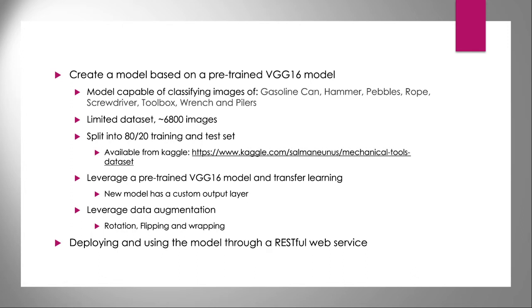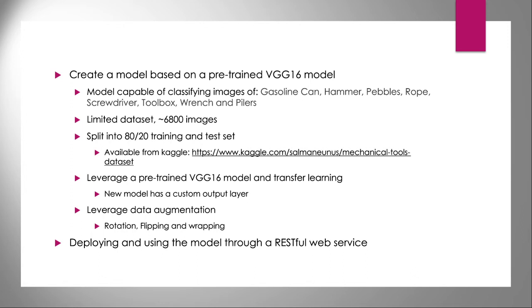The new model will be capable of classifying 8 different objects, such as gasoline cans, hammers, pebbles, rope, screwdrivers, toolboxes, wrench, and pillars. The dataset it's trained on is available in Google, and it consists of approximately 6,800 images.